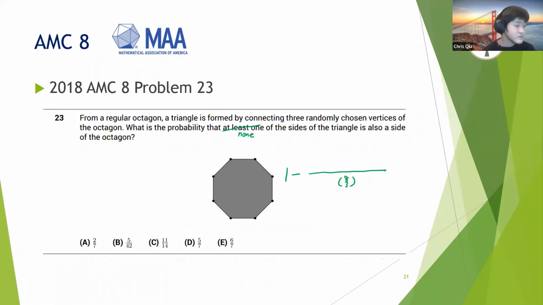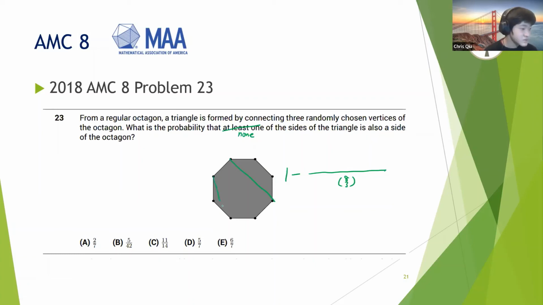One way to count this is we can consider the number of edges that each edge of our triangle kind of goes through. So for example, this edge cuts off 3 edges of the octagon.